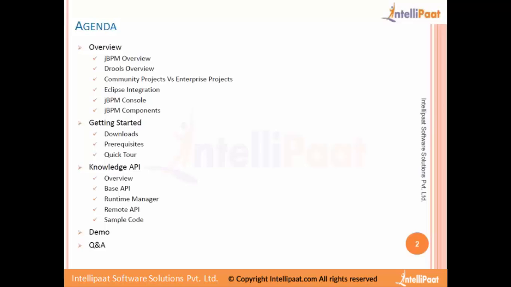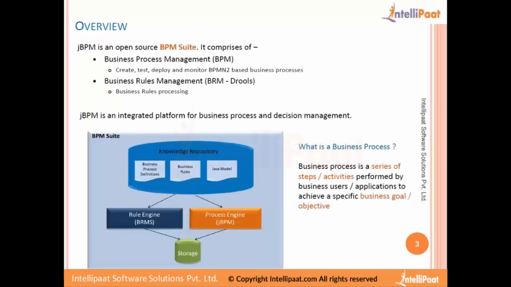So what is BPM? Business process management is not a new term. It has been there for a long time. Before we jump into JBPM, I'll start with what BPM itself is. In any organization or in any task that we do, everything is a process. It's all a step-by-step activity.